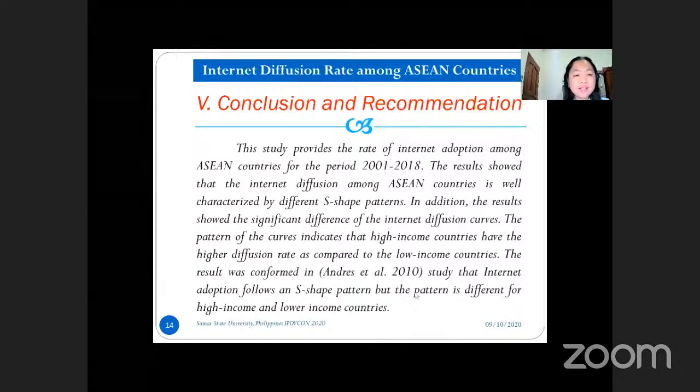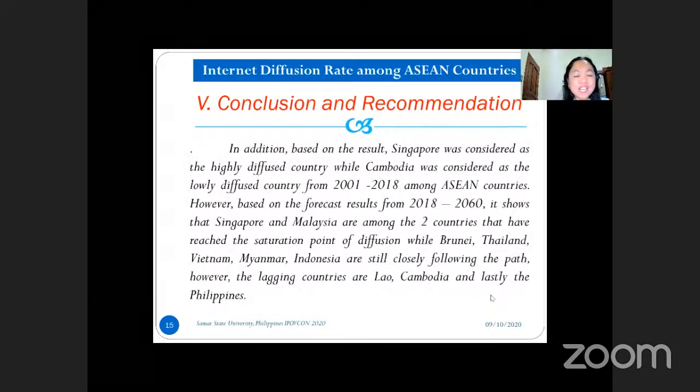The result was confirmed in Andres' study that internet adoption follows an S-shaped pattern, but the pattern is different for high and lower-income countries. In addition, based on the result, Singapore was considered as the highly diffused country, while Cambodia was considered as the lowly diffused country from 2001 to 2018 among ASEAN countries.